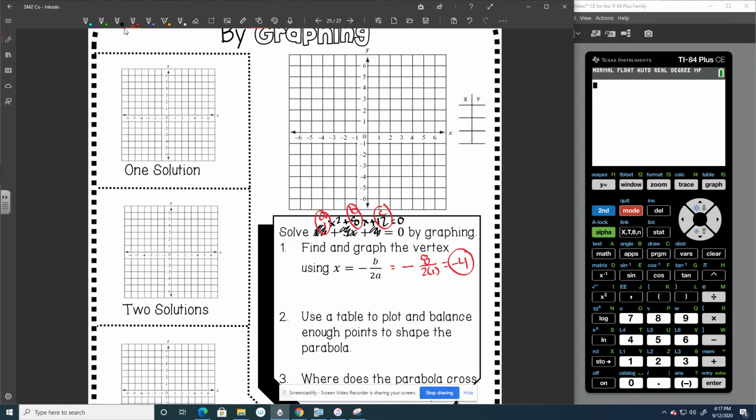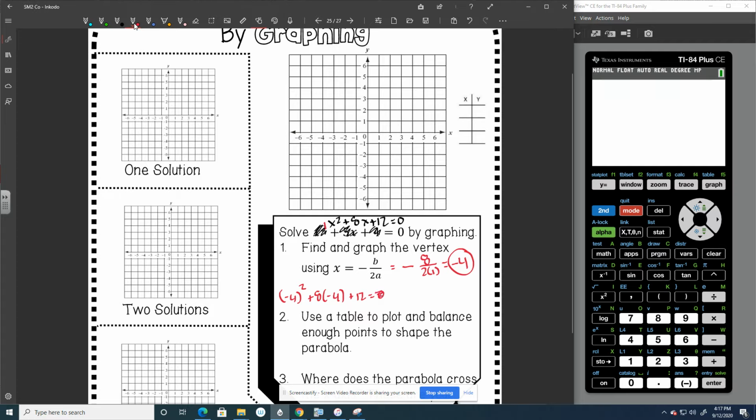And if you don't remember how to find your y value, you plug it in to the equation. So if this is my equation up here, I'm going to plug in a negative 4 to my equation. So I'm going to get negative 4 squared plus 8 multiplied by negative 4 plus 12. So let's see what we get. We don't know that it equals 0 yet. We want to see what it's going to equal.